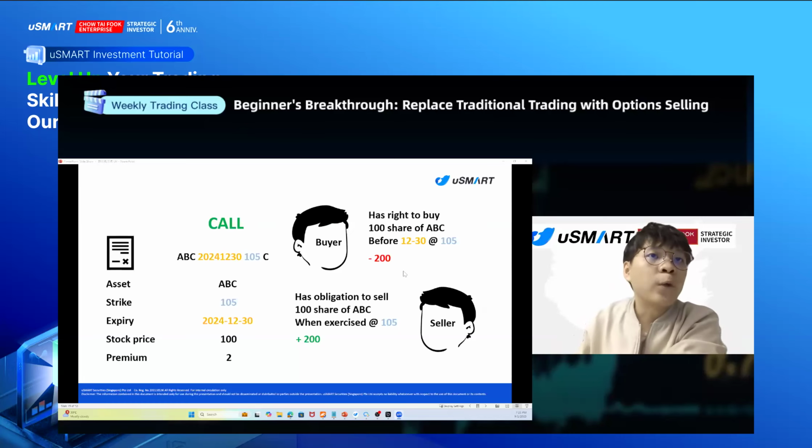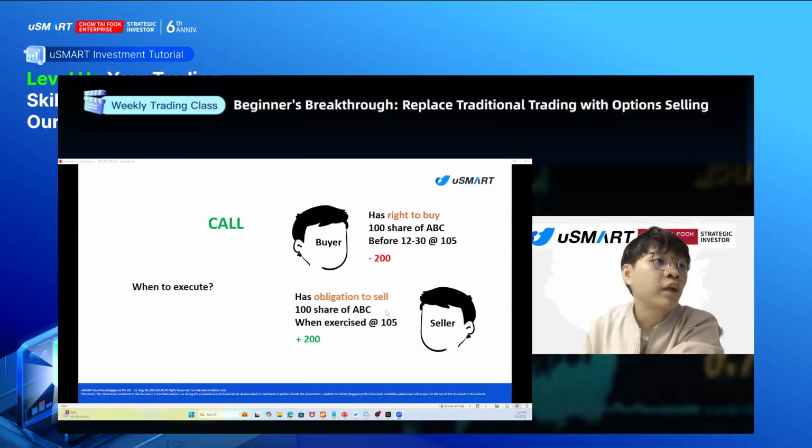Okay, so you can see that a buyer has the right to buy and the seller has the obligation to sell. And the buyer needs to pay a fee while the seller will get a premium. When the buyer exercises, it's very simple because the buyer has the right to buy, isn't it?